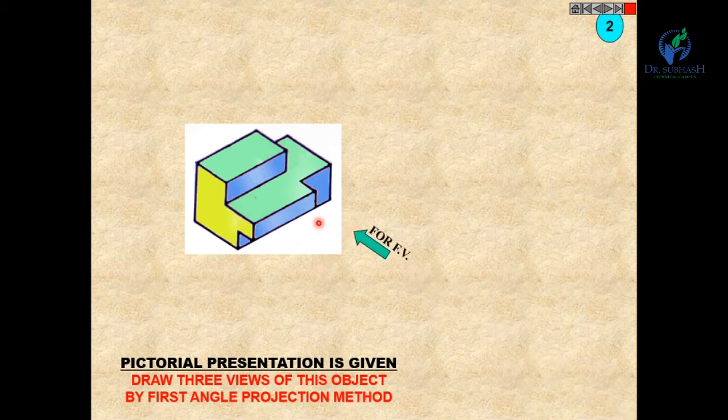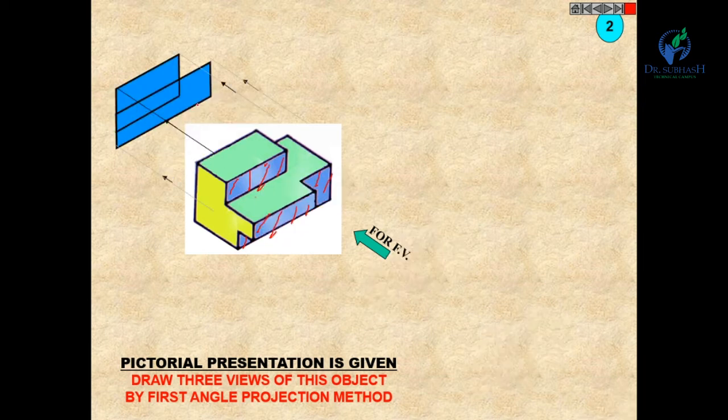Similarly, in the first angle projection method, from the front you can see this portion and the bottom of this part, top and bottom. So this is our front view.